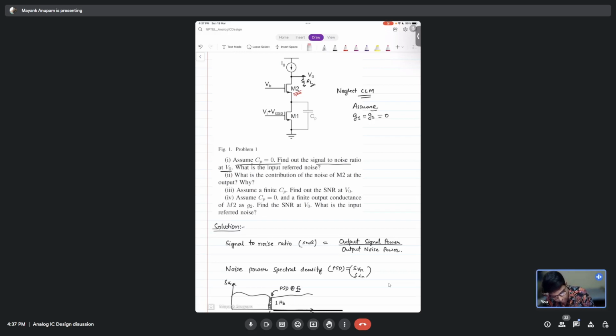So let's say if G2 was not 0, even if there was G2, okay, so G2 is there. So now will there be some output contribution due to M2?